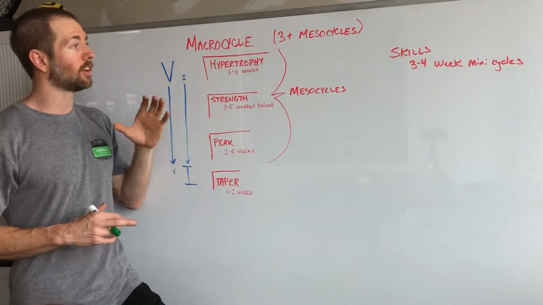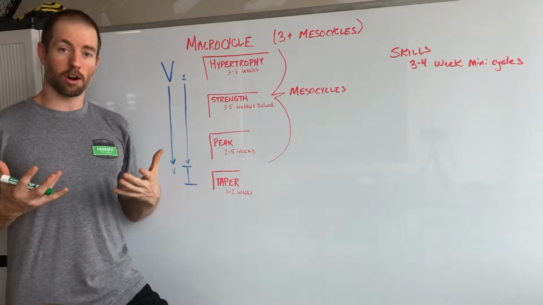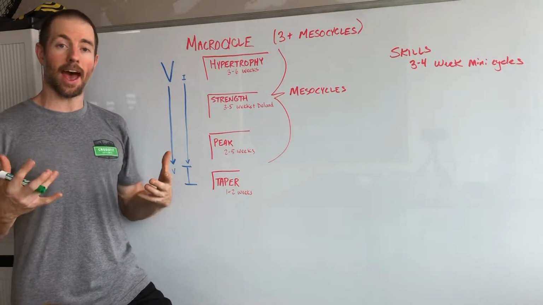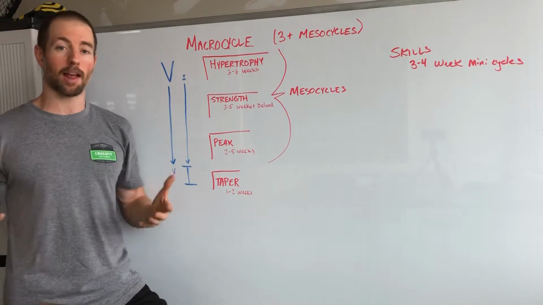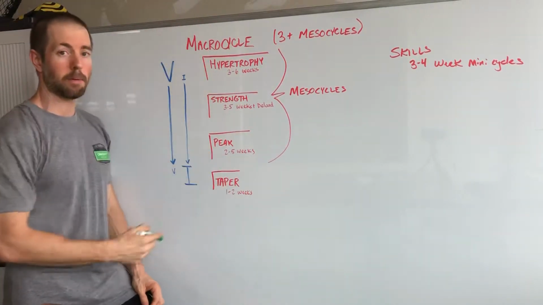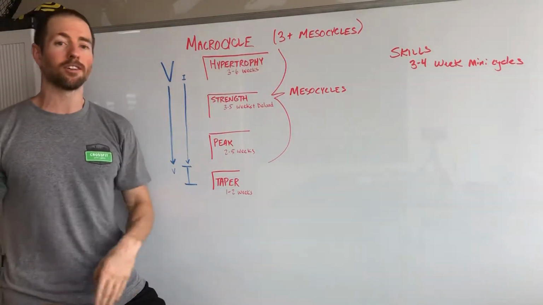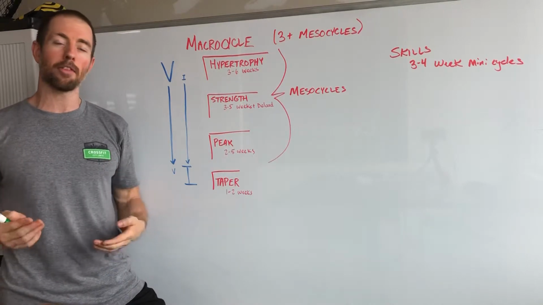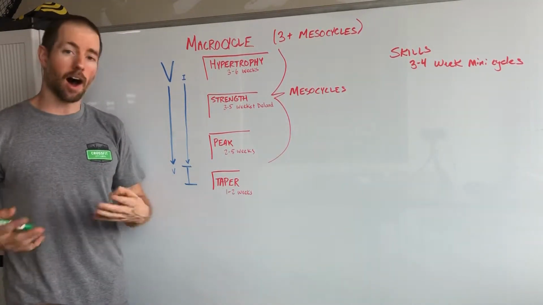Our goal is to, within each mesocycle, really work on something and have time to adapt to the stimulus we're applying to ourselves, but not enough time to plateau from that. So within a macro cycle, within the big picture, we're going to have 3 or more mesocycles. Each mesocycle typically runs about a month, but we're not completely restricted to a 4-week on-off thing.